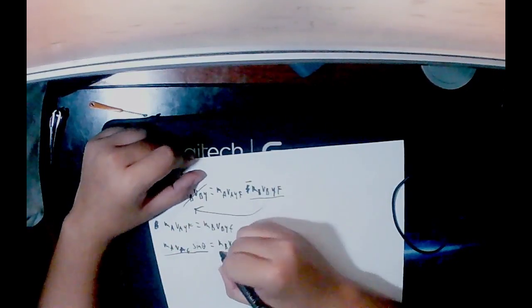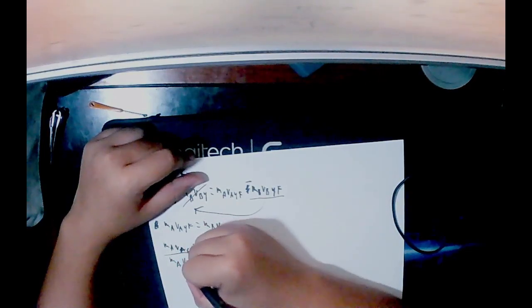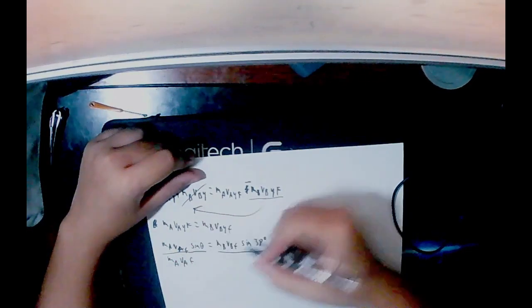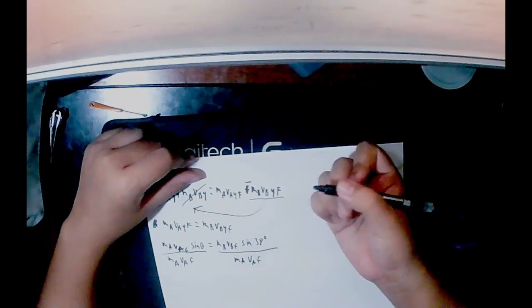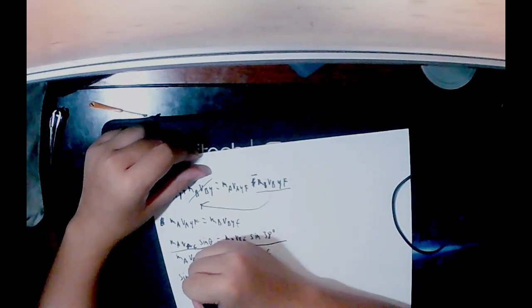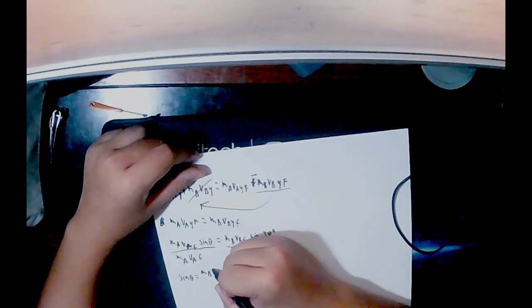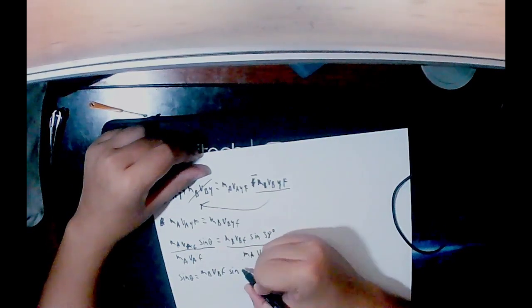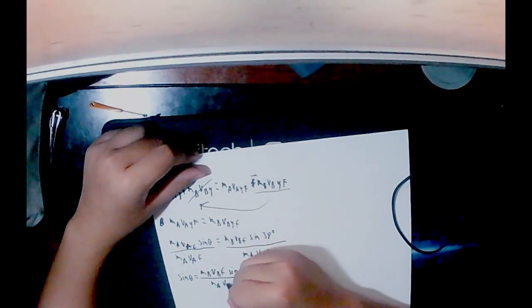So, i-divide natin both sides by M sub A times V sub A final. So, sine theta is equals to M sub B times V sub B final times sine 38 degrees over M sub A times V sub A final.